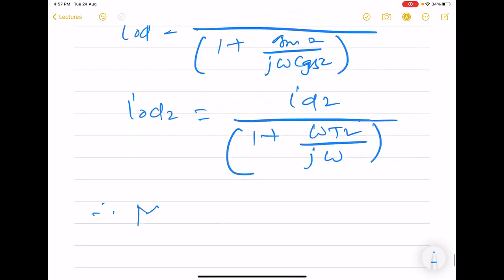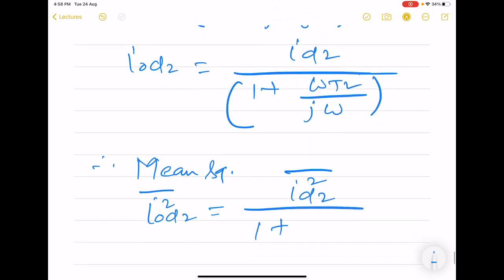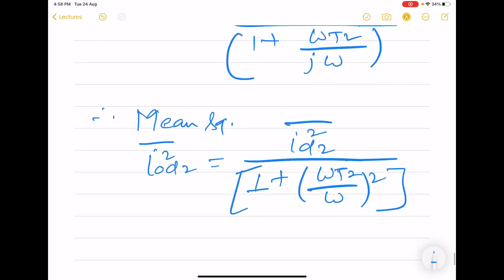And therefore the mean square of IOD2 is the mean square of ID2 divided by 1 plus omega T2 by omega whole square. So we have found out all the three current components and their mean square.